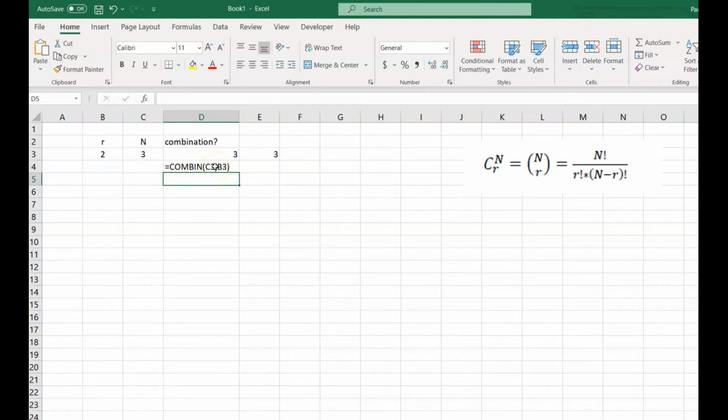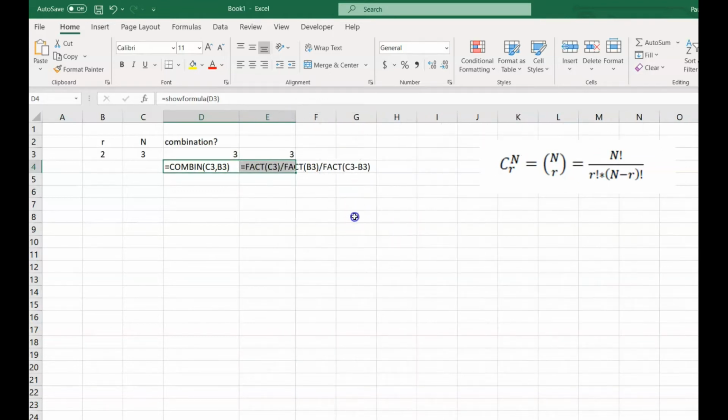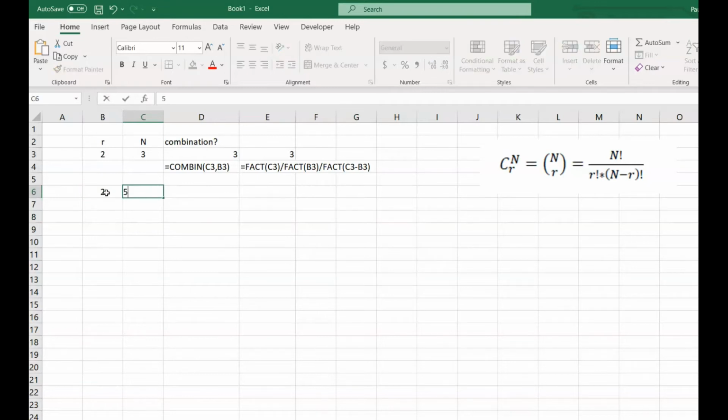The second one is how many we choose from the total. Copy and paste. The second one we simply apply this function. Let's randomly pick some values: 2 out of 5, 3 out of 6, 4 out of 7, and 5 out of 10.